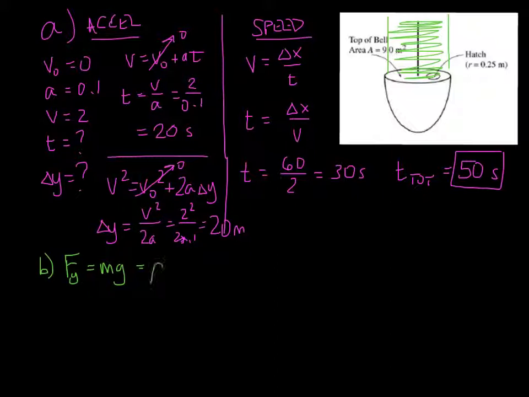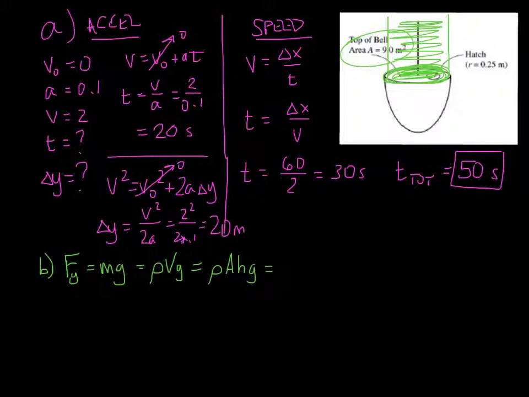Mass is density times volume, so we have rho Vg, and the volume for the cylinder is the surface area of that circle, which was given as 9.0 meters squared, times the height of the cylinder, which is the depth, 80 meters. So we can write this as rho times the area times the height in place of the volume, times g.